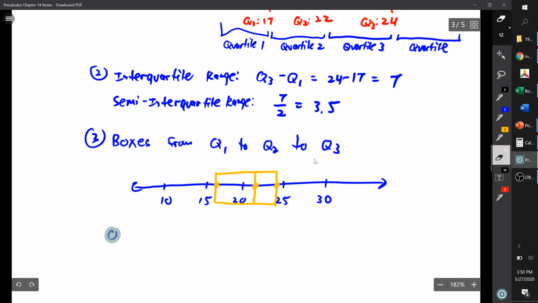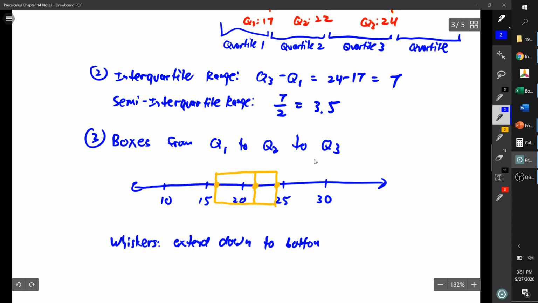And then the whiskers. Oops, I need a W. Whiskers. So whiskers, they extend down to the bottom of the data and up to the top, unless outliers.